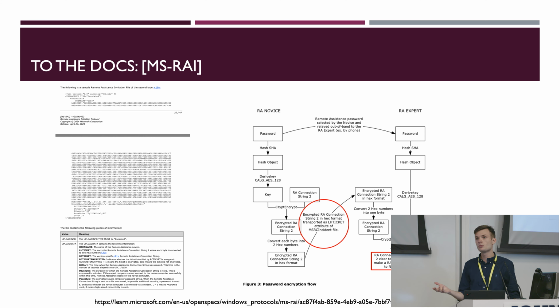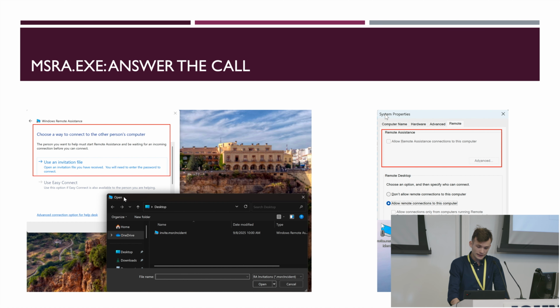I already have the plain text string, so I can basically encrypt it and follow the format. I have the password generation. I have the entire process and the format of the file. So I can just encrypt it and then open it with the default client to see if it works. And it did not.